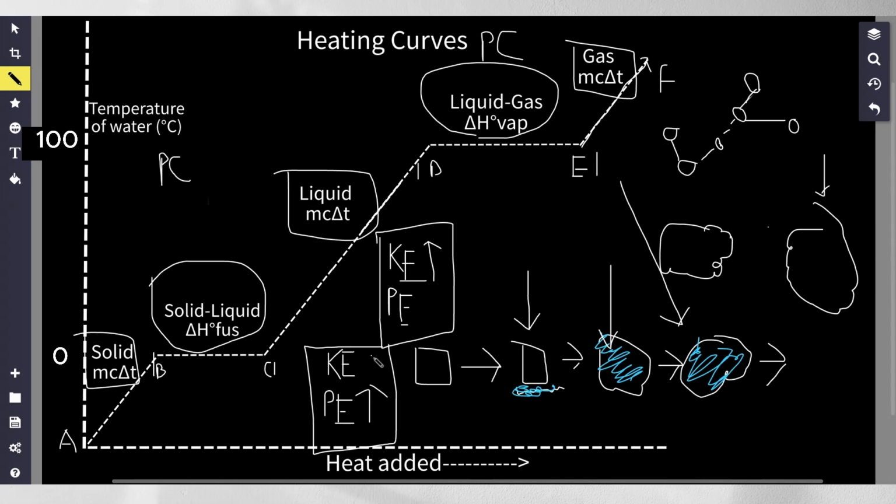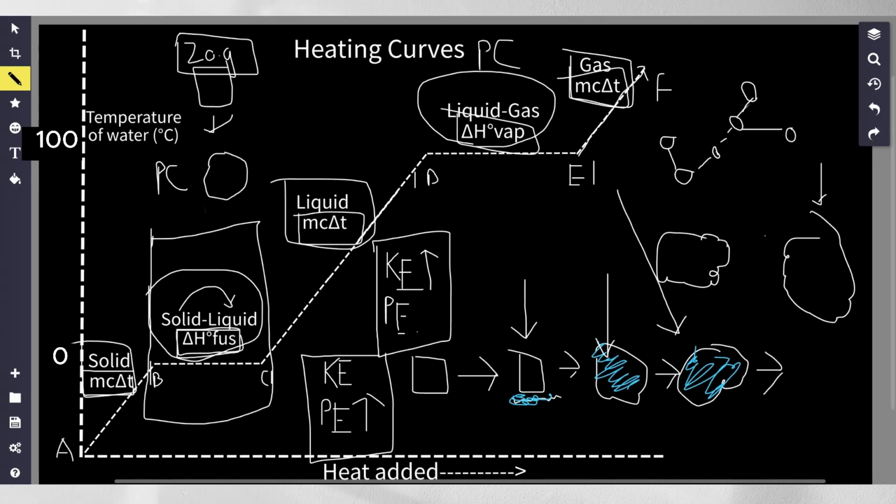And there's one more thing. Now, you might have noticed that there are all these formulas here. What are they used for? Well, let's say we have a 20-gram sample of ice, and we're trying to completely melt it into water. How will we calculate how much energy is needed to do that? In this case, we're going to use the BC segment of the graph.